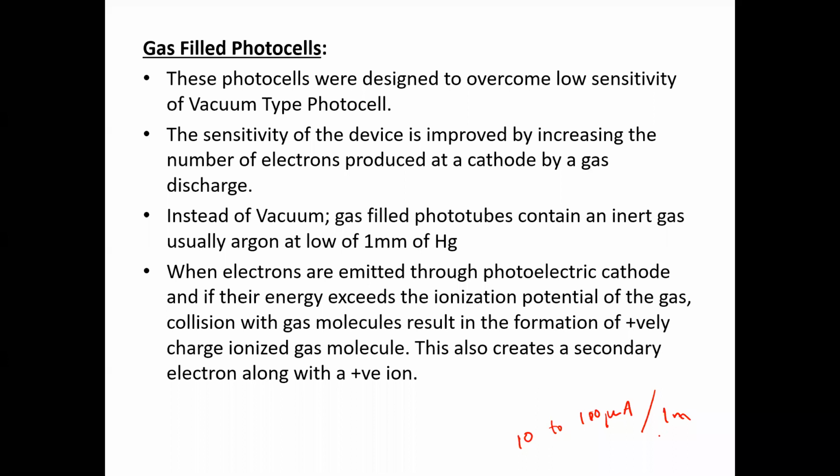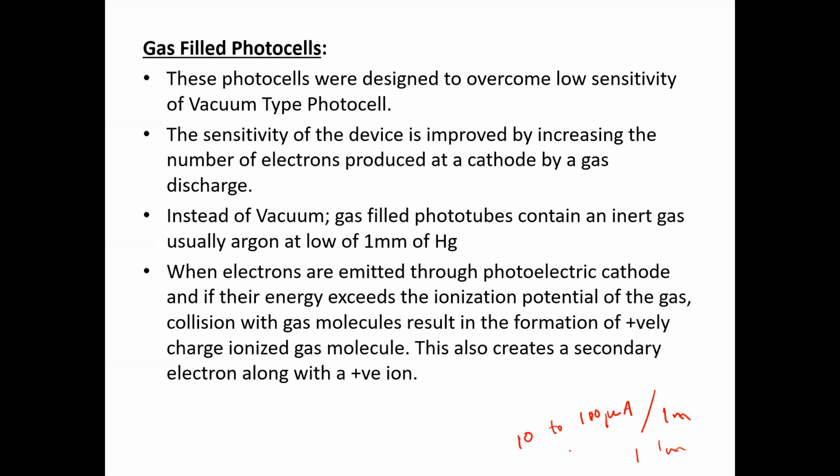So for each change in the intensity of light of 1 lumen, it will cause a very small amount of current deviation. So for very small intensity of light, this sort of a device will not give accurate readings, because the small readings of the current might be difficult to detect using a particular device.